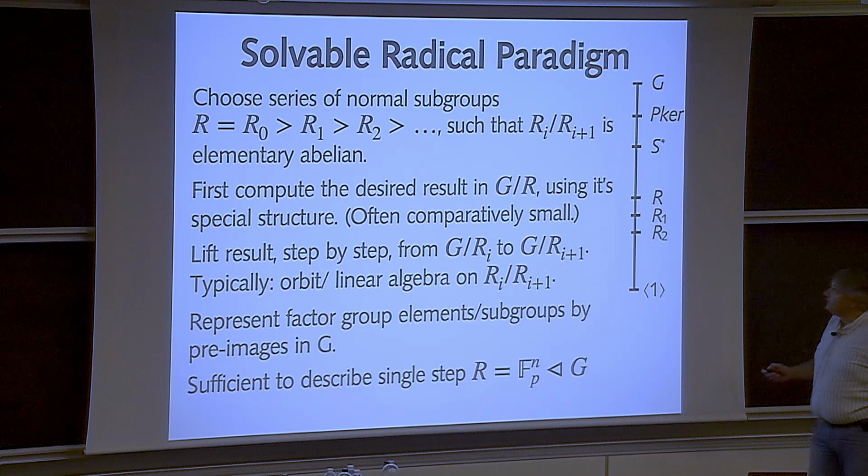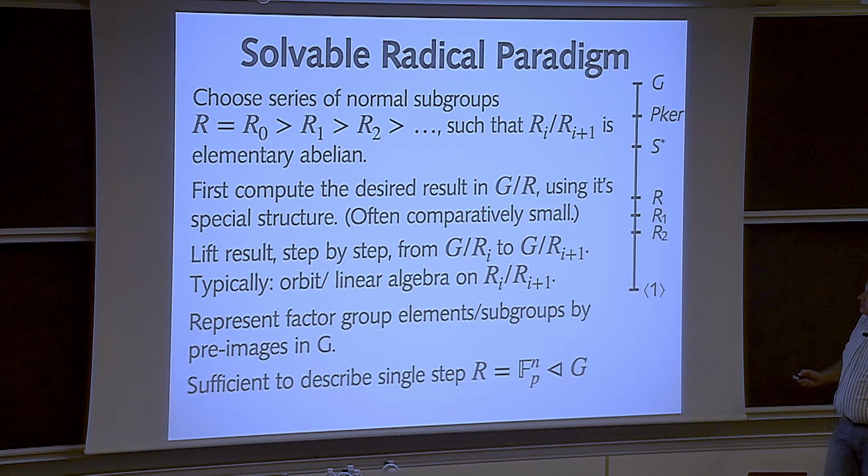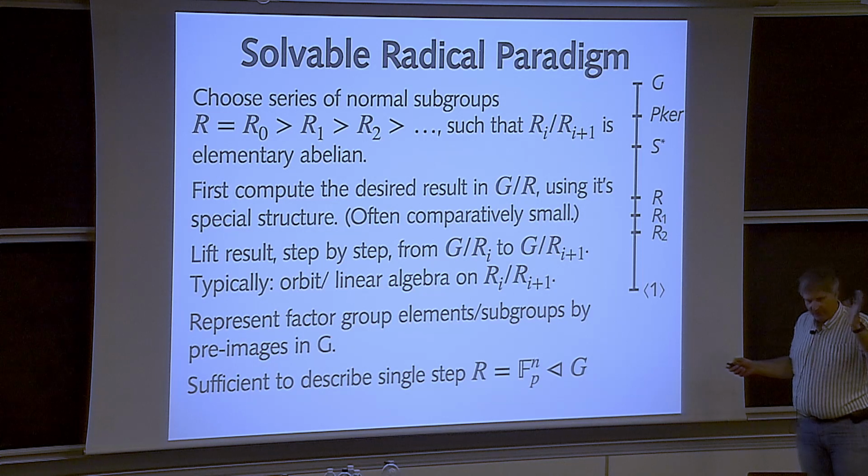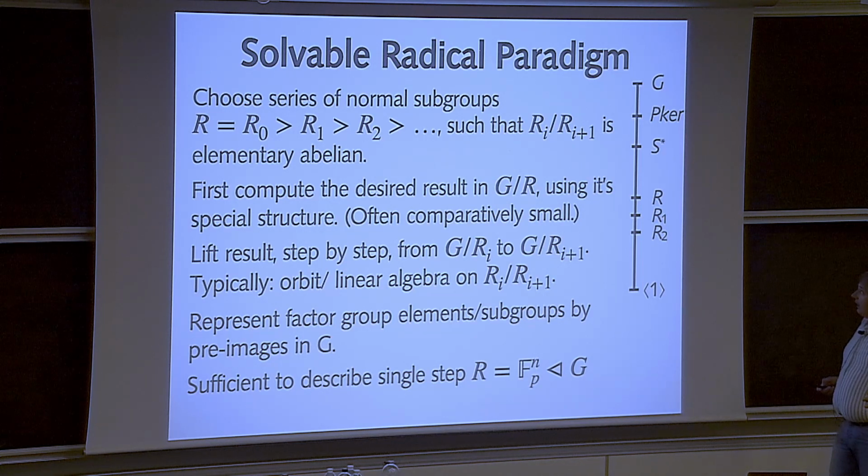Namely, what we do is, because the radical is solvable, we can find a series of normal subgroups. So I want them all to be normal in G, such that each subsequent factor is elementary abelian. That is, and my groups are finite all the time.